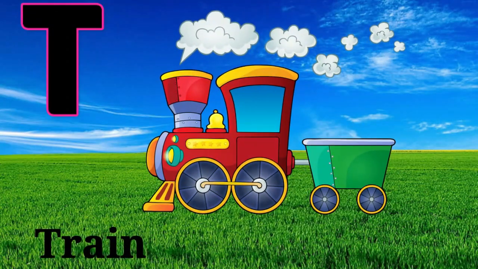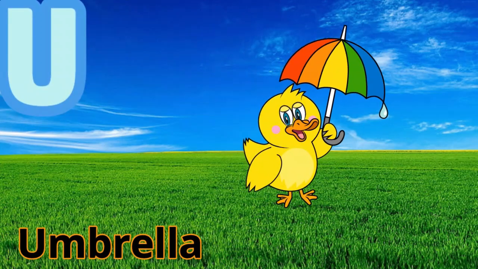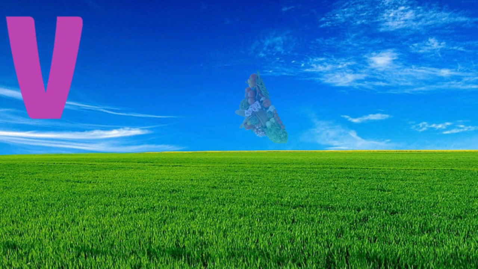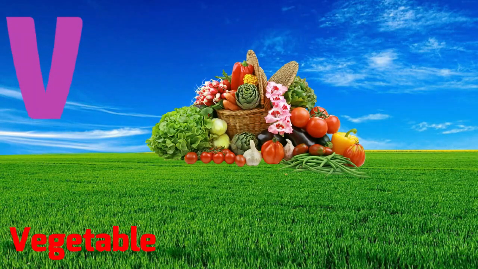T for tray. U for umbrella. V for vegetable.